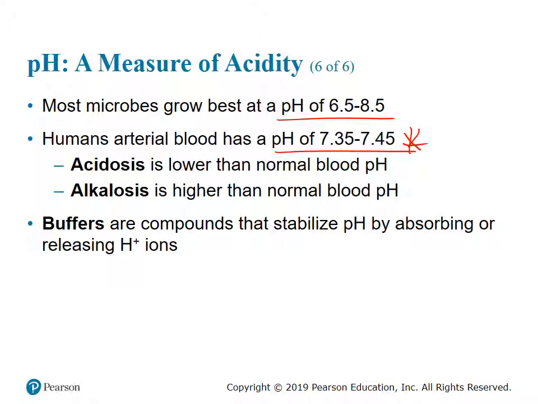Does that make sense? So even if we've got an organism that somehow got into our bloodstream, let's just use the in theory thing. Well, the pH of blood is what? Slightly basic, right? It's not acidic, it's on the basic end. 7.35, 7.45.